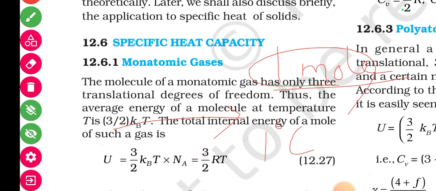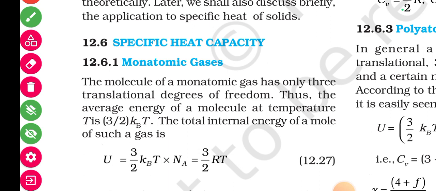Also there are two more terms that you have seen in thermodynamics, that is for constant volume and constant pressure. Suppose gas is filled in a container, and obviously the volume of this container cannot be changed, so the volume is fixed. How much heat will be required to raise the temperature of this gas at constant volume by 1 degree Celsius?